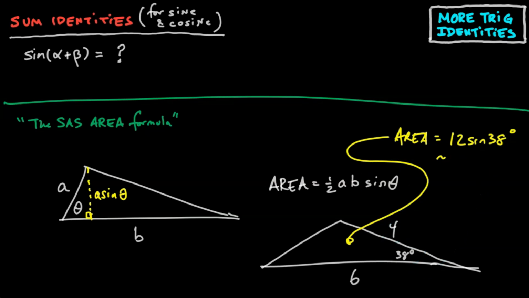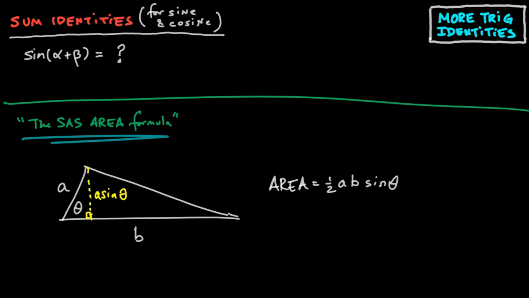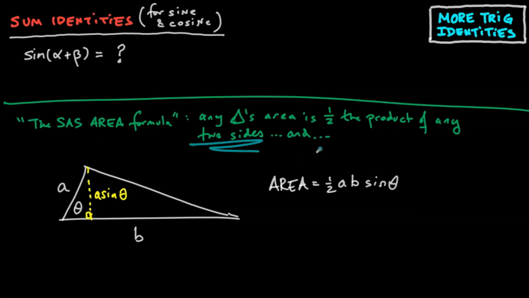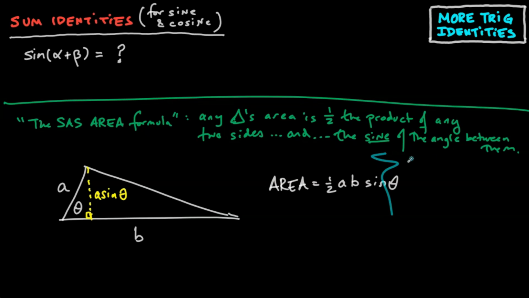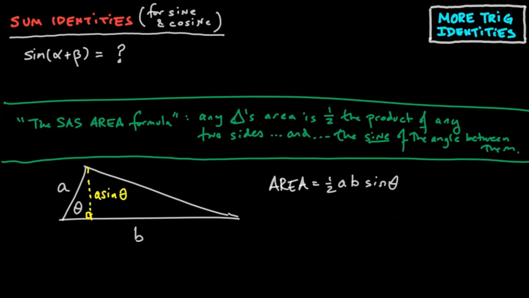And then, of course, if you want to approximate that, your calculator will tell you that it is approximately 7.39 square units. So the SAS, side angle side area formula, tells us that any triangle's area is half the product of any two sides and the sine of the angle between them. As I said before, it's a useful little fact. It turns out to be helpful in surprising places.